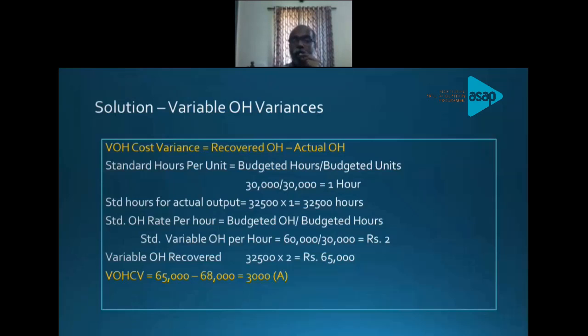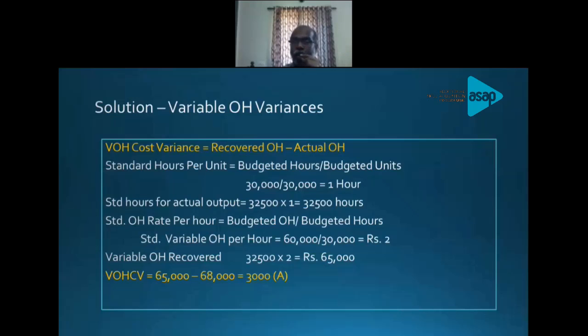You remember, we have produced 32,500 units. For producing 1 unit, we need only 1 hour. So 32,500 hours we have worked. For 1 hour, we are expected to spend rupees 2.